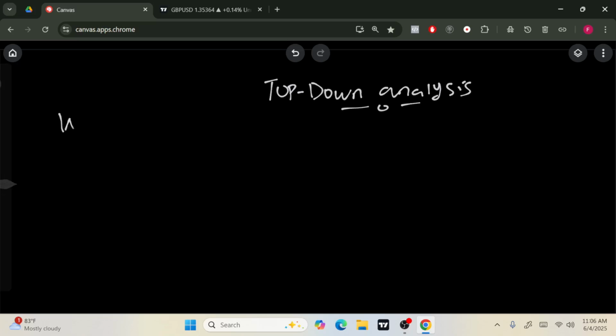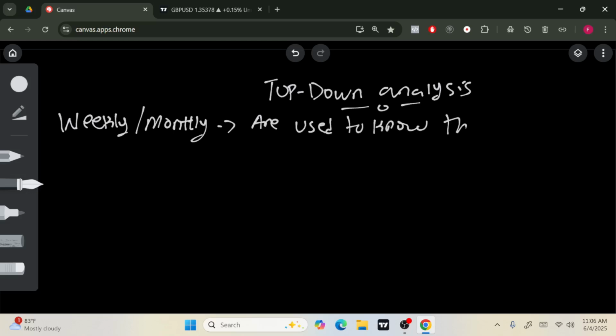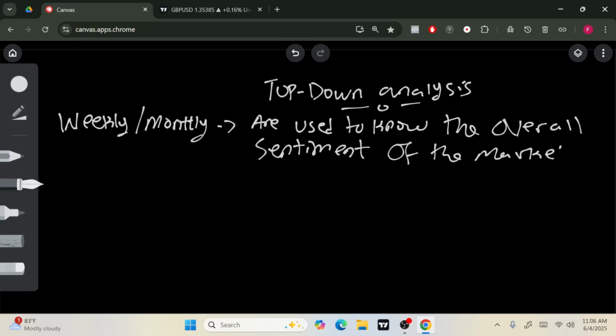So please take note: weekly and monthly time frames are used to know the overall sentiment of the market.